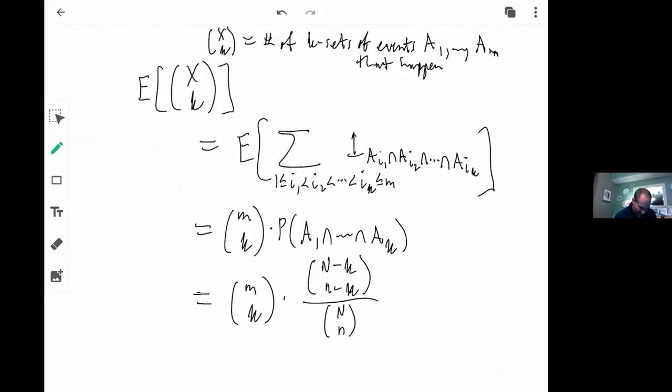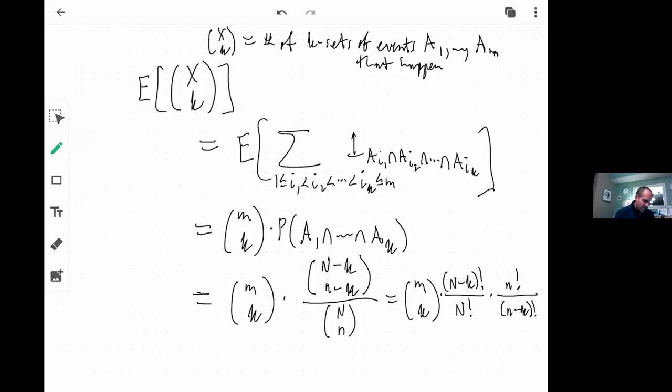So what is this going to be? Well, that's just m choose k times, and a lot of cancellation is going to happen here, but let me write it this way: N minus k factorial over N factorial, times little n factorial divided by little n minus k factorial.